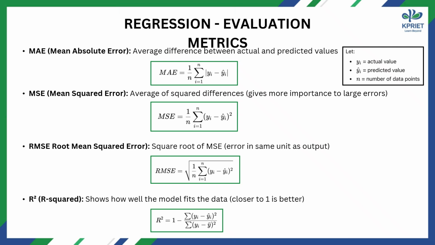The rest of the formula is more or less the same. For the root mean squared error formula, you are introducing a root to the previous formula, the square root of 1 divided by n, summation of i varies from 1 to n, and yi minus yi cap whole squared. And R squared is 1 minus summation of yi minus yi cap squared divided by summation of yi minus y bar squared. So this is about the four different regression evaluation metrics.